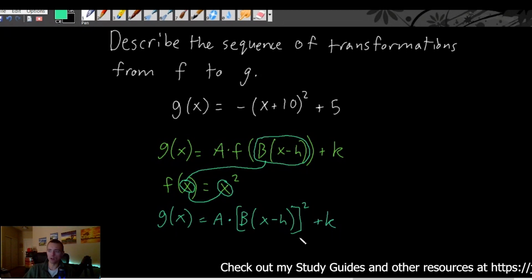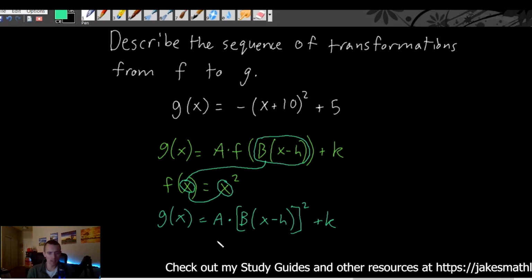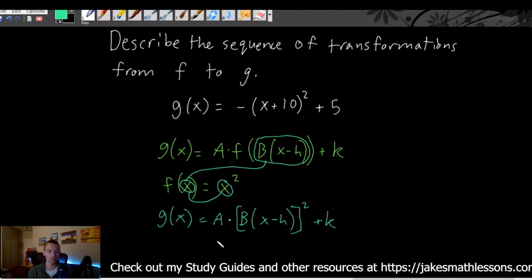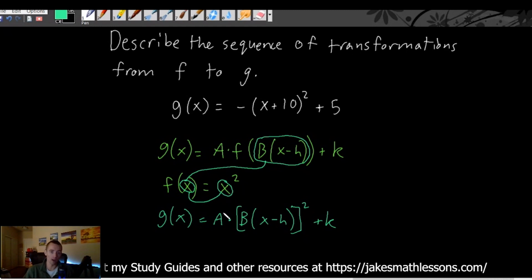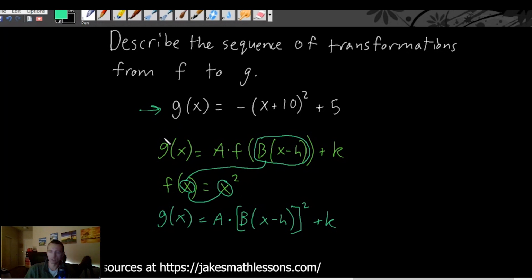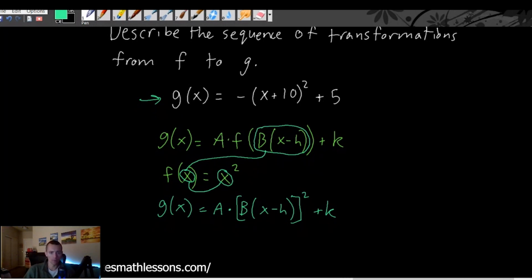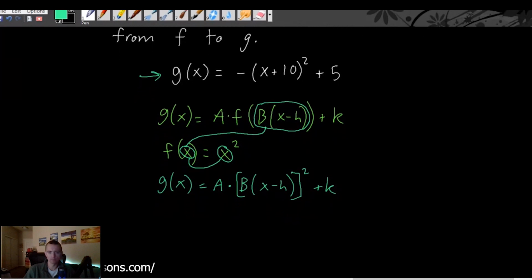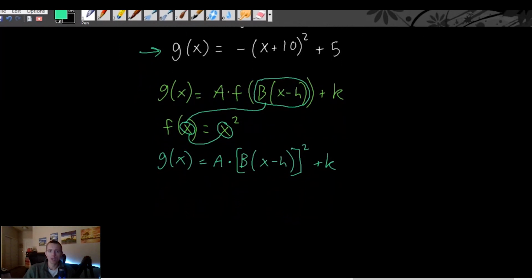So now this is our transformation template, which is specifically tailored to the parent function that we figured out, which is x squared. So now what we need to do is interpret this, compare it back to the original function we were given, and figure out what the different transformations are that are being applied in this case.